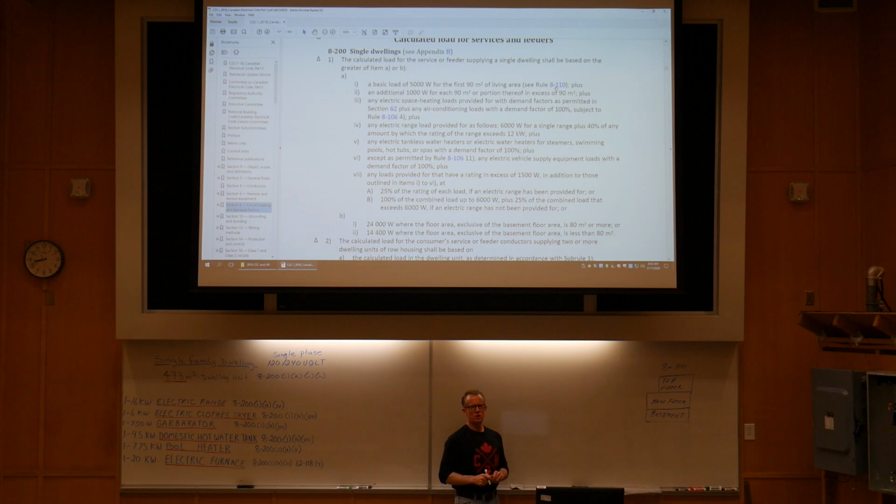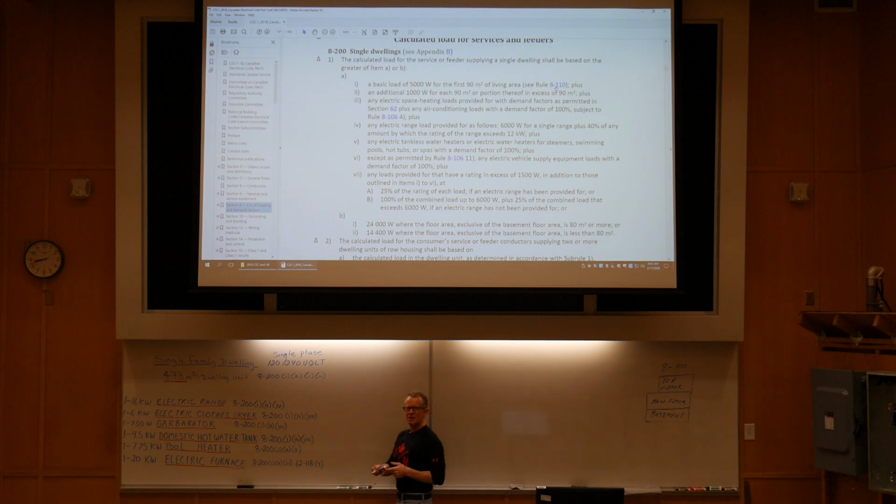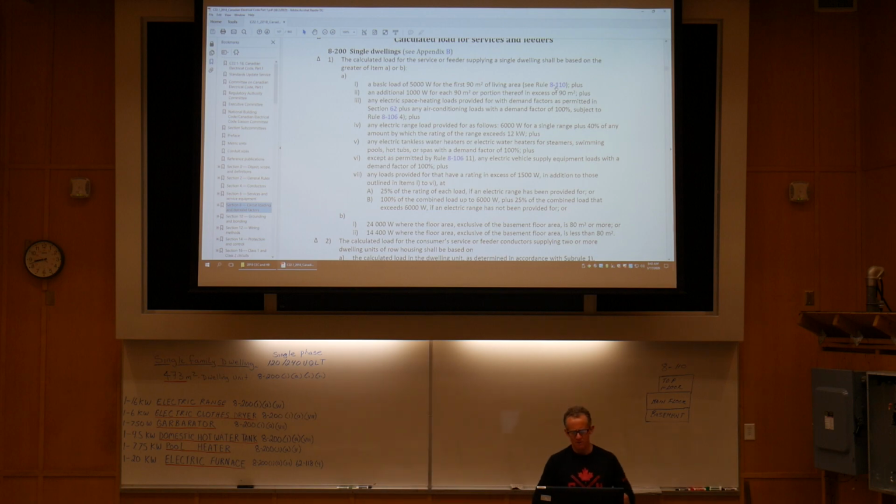If they just gave you a building and they broke it down into basement, main floor, top floor, and they gave you different areas and dimensions, you would have to go to this rule, 8-110, and figure out the areas based on that. But generally, in your training, what you're going to get is the square meters given to you. So that's why there is the quote to the rule there. Right here. See Rule 8-110? That is the determination of areas. All right?